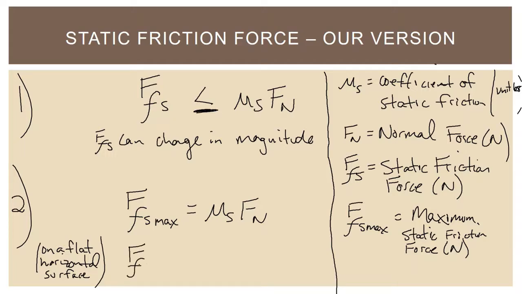And so on a flat horizontal surface, which is what we're almost always going to see, the static friction force maximum is equal to the coefficient times m times g. And because we're almost always going to be given the mass of the object in kilograms and not its weight in newtons, that's the version of the equation that we want to use and think about.